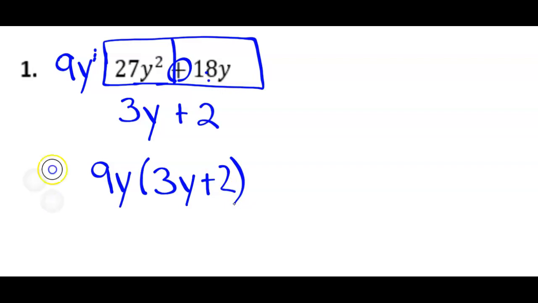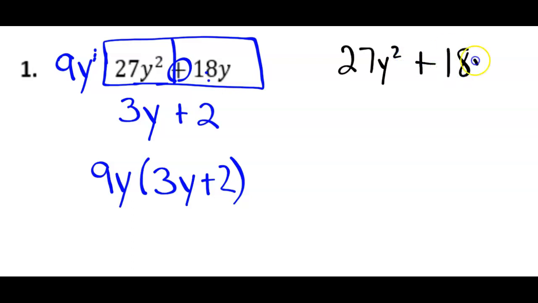Now, if I was going to do this using a division method, or kind of reverse distribution, I have to write the original problem. So my original problem was 27y squared plus 18y.